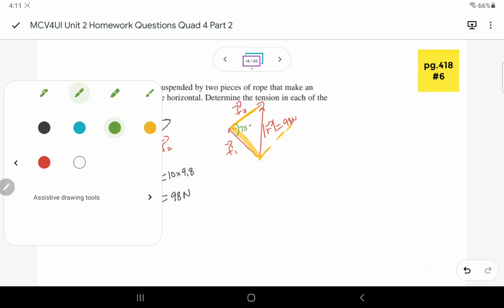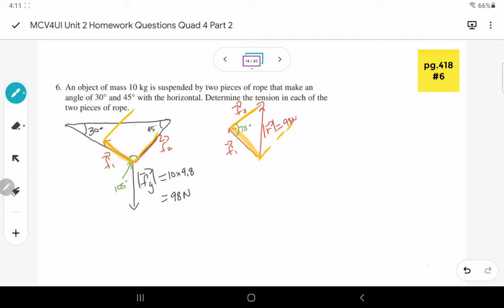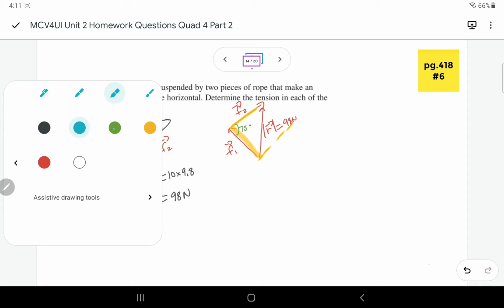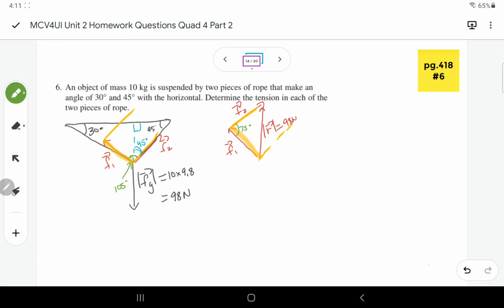I can also create a right angle here, and then I would know that this angle is 45 because they would add up to 180. Then this is going to get very messy and colorful, because we could see a Z pattern. Where I'm highlighting in green, that would show I have this 45-degree angle up at the top.